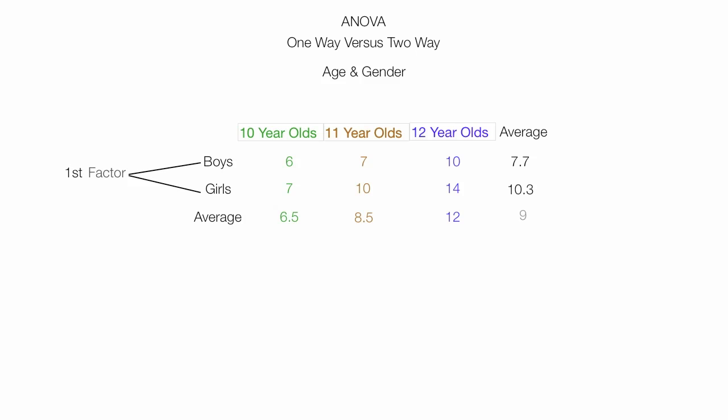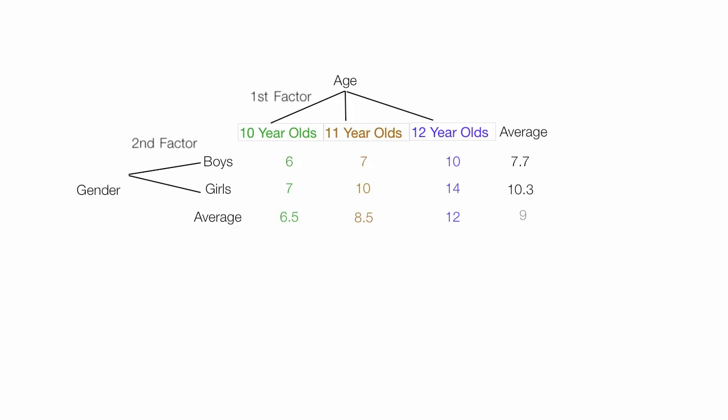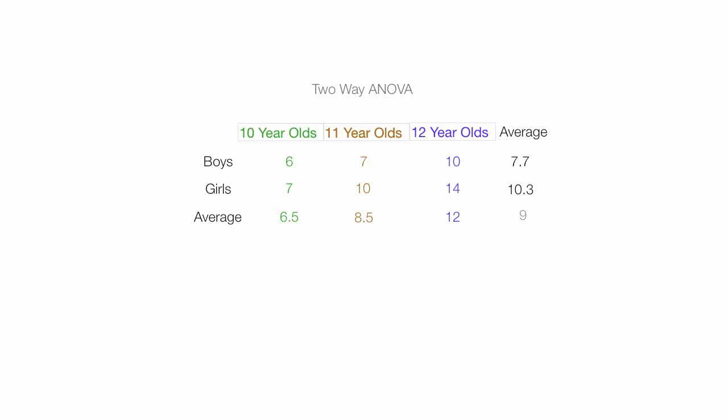My first factor, I'm going to call that gender. My second factor is age. And it doesn't make a difference what I call my first factor or my second factor. I could swap those if I wanted to. A two-way ANOVA is a lot more complicated than a one-way ANOVA.